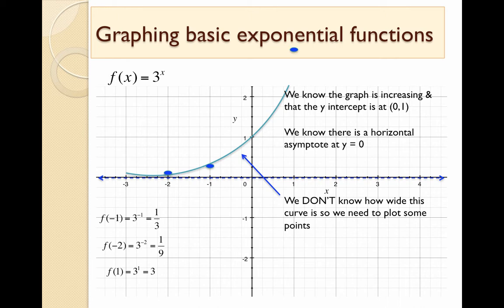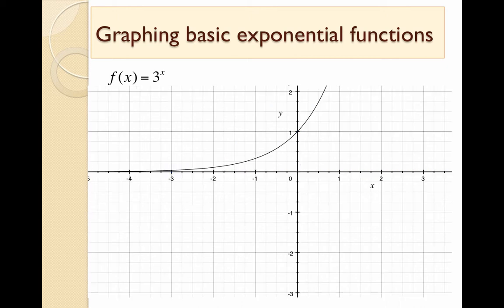Well, that's kind of off our grid there, but nonetheless, there's that point, and it looks pretty close. So just knowing these basic characteristics, you can actually sketch a graph and get pretty close to what it looks like. And using a graphing app, here is what that graph looks like, and you can see that we got awfully close just knowing the basic characteristics, and it didn't take much work at all to figure it out.